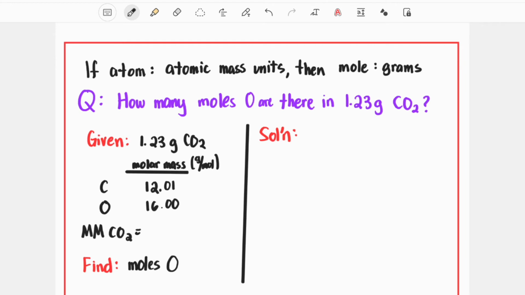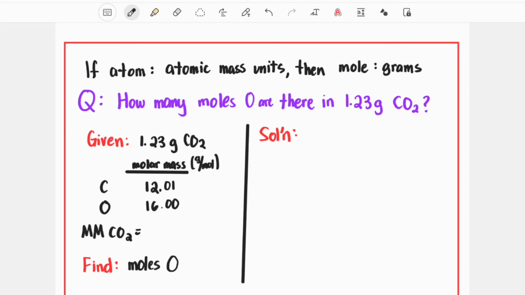So what do I mean by this? Let's work out this example. How many moles of oxygen are there in 1.23 grams of carbon dioxide? So we're given 1.23 grams of carbon dioxide. We need to look at the periodic table and locate the molar masses of carbon and oxygen. We want to find the moles of oxygen, right? We really need to know the mass of carbon dioxide itself.